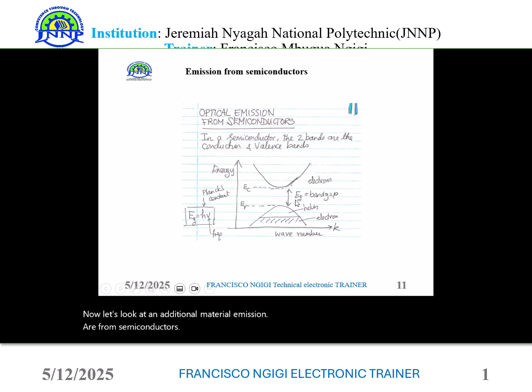This is just an explanation in order to understand the equation Eg equals hv, where Eg is the energy, h represents the Planck constant, and v is the frequency.